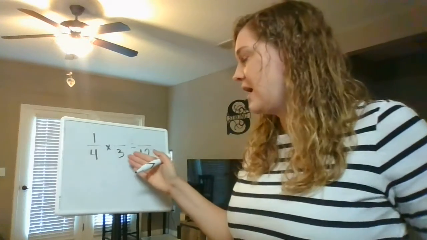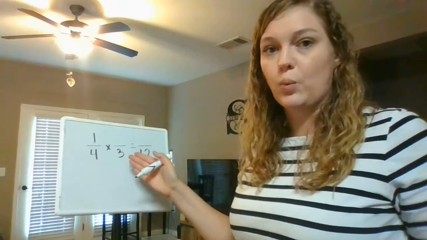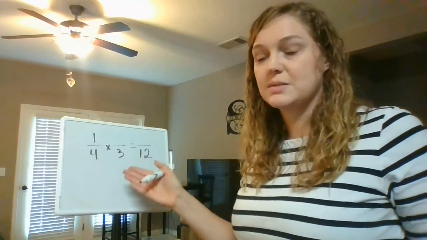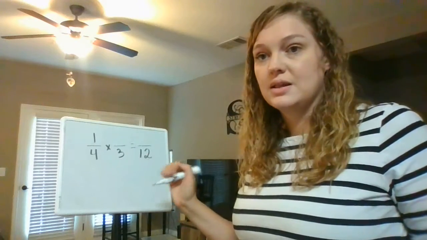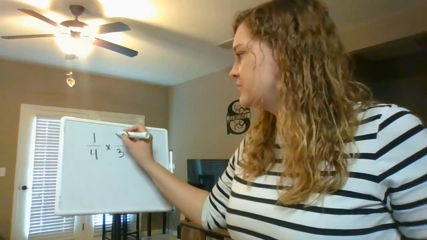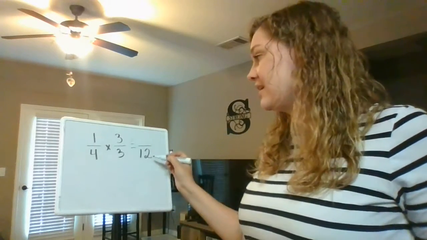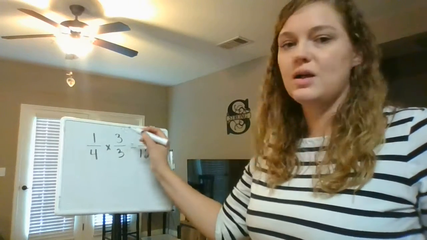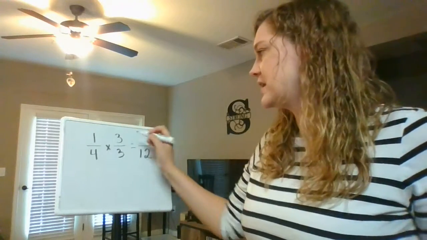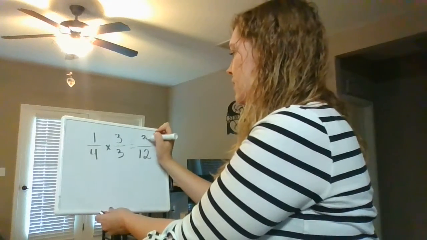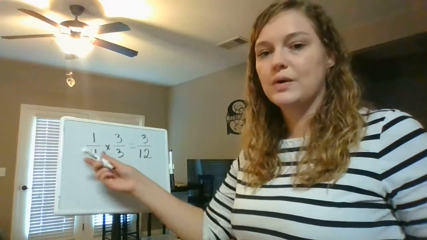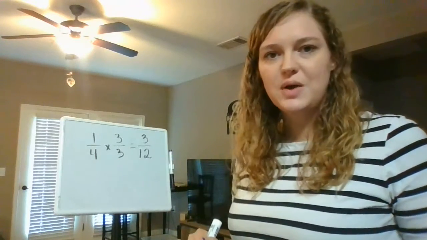And since I have to multiply it by 1, because remember, if you multiply something by 1, you get the same thing, I have to put 3 up here, because 3/3 is 1. And I already have 4 times 3 is 12, so all I have to do is multiply the top. 1 times 3 is 3. So our equivalent fraction is 3/12.